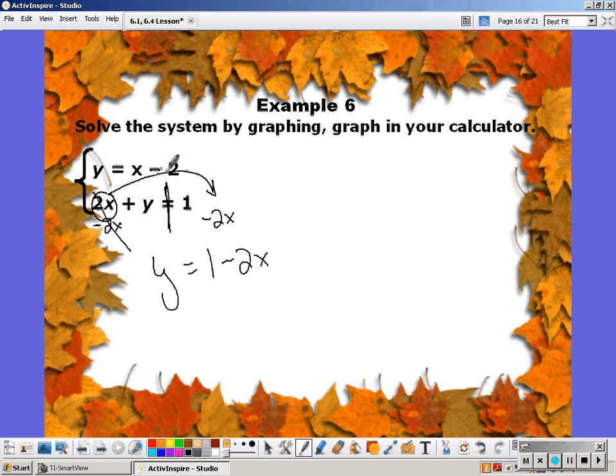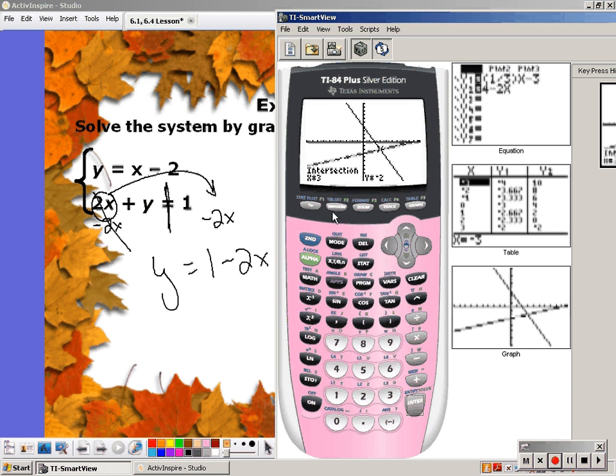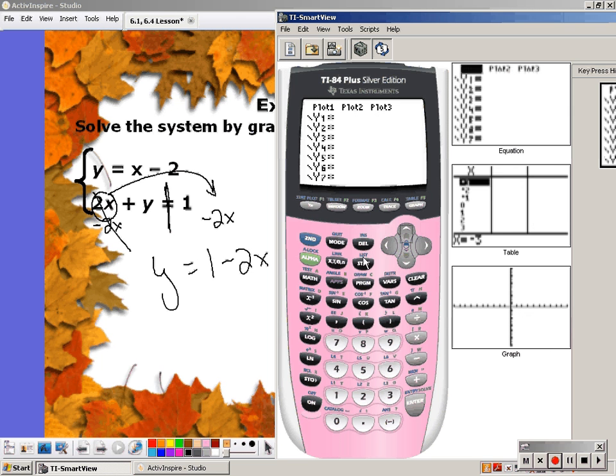So now we have two line equations, that one, that one. So let's get into our calculator. Remember, we want to go to y equals, so we can type in our two lines. Clear out everything that's in there, then type in your first one, y equals, that's already written, x minus 2. Hit the down button.